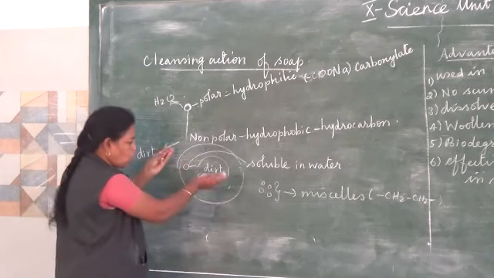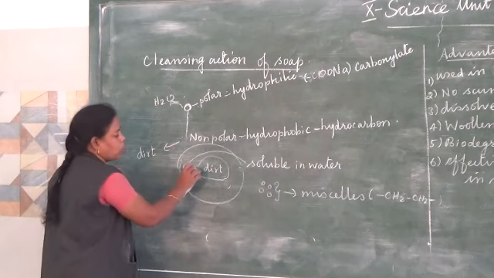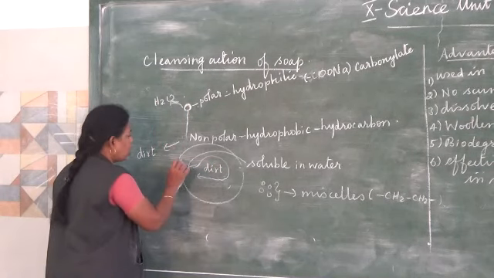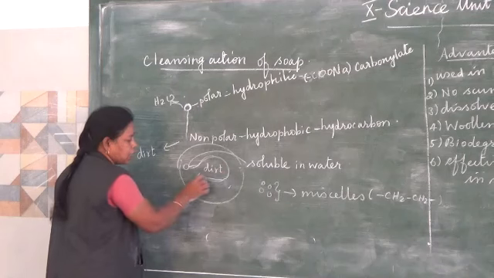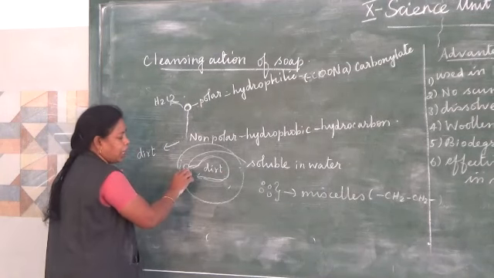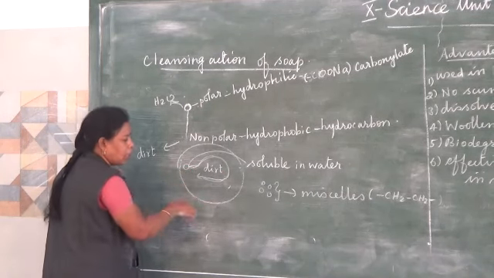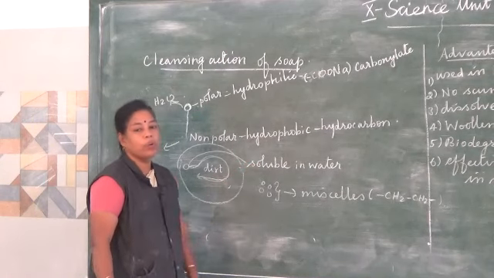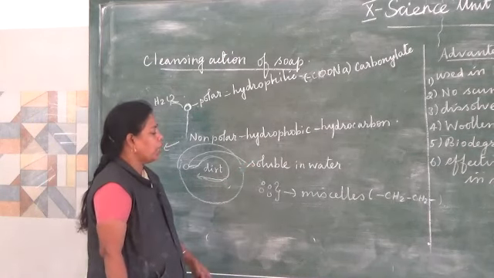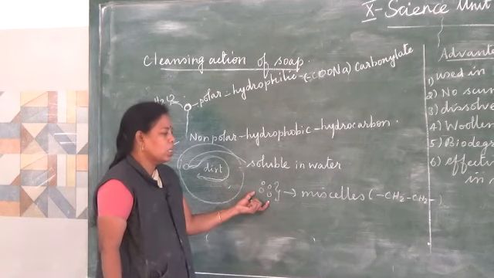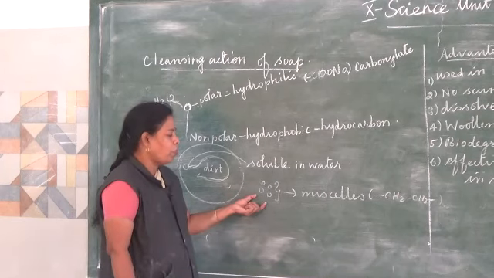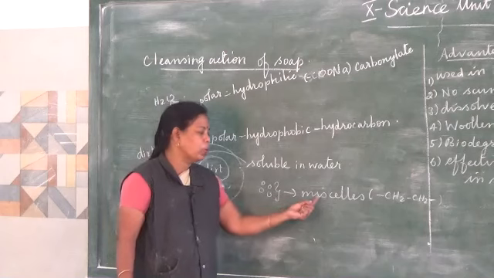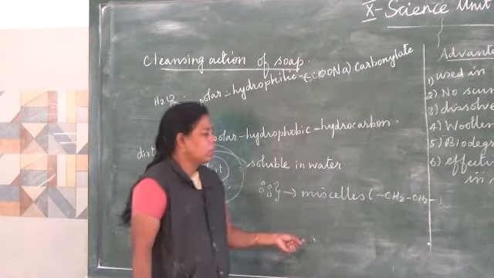So it will dissolve everything. The dirt will be removed from the clothes, and when the molecules join together, they form a cluster. That cluster of molecules is called a micelle.